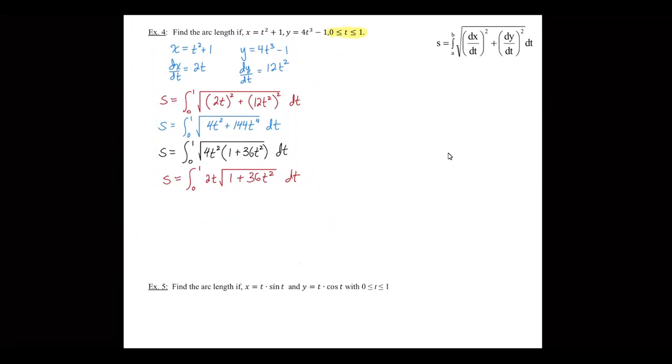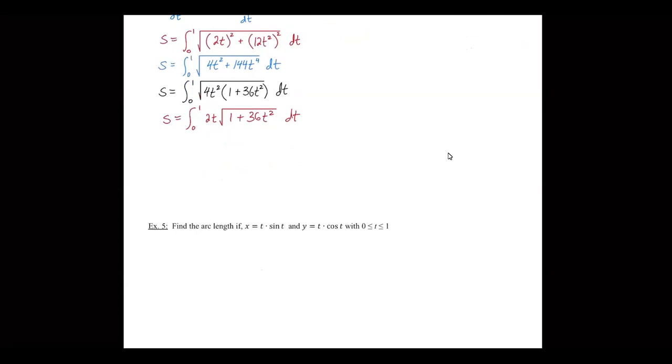Because if I take the derivative of the innermost function, 1 plus 36t squared, I get a monomial raised to the first power. That's going to help me cancel out the 2t on the outside. So I'm feeling pretty good about that substitution: u equals 1 plus 36t squared.